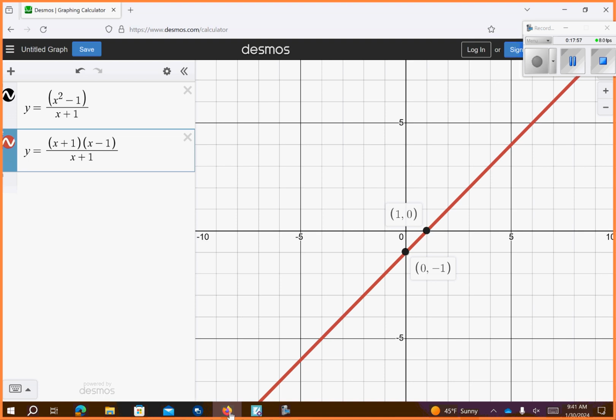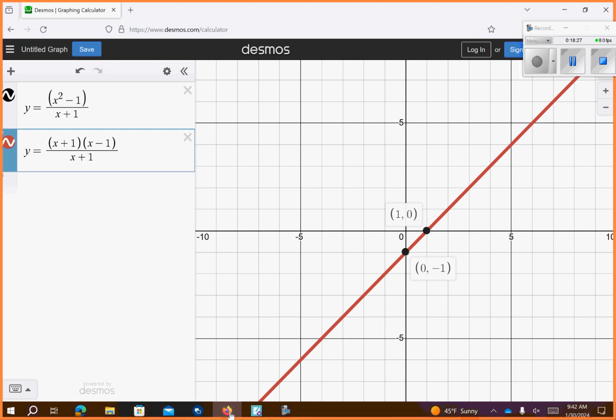An asymptote makes the graph shoot straight up or straight down, the horizontal or vertical line that you're dealing with, or the slant asymptote we haven't gone into great detail on. And for this graph, our absolute max is infinity, our absolute min is negative infinity, because of how the graph looks.